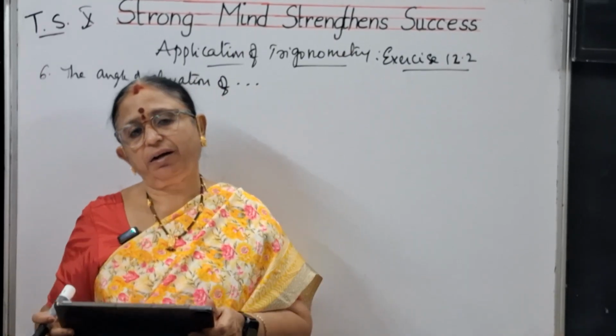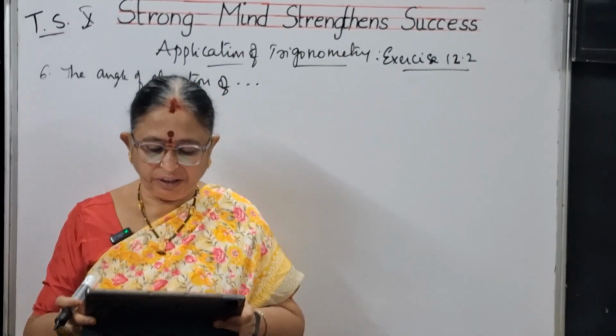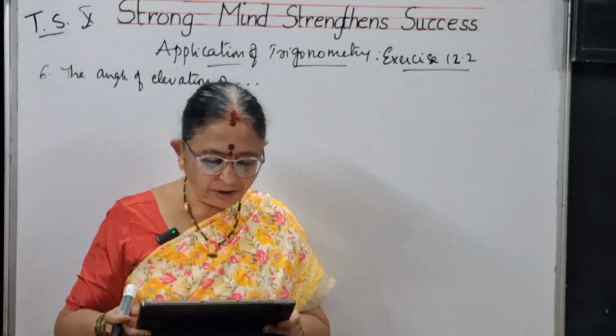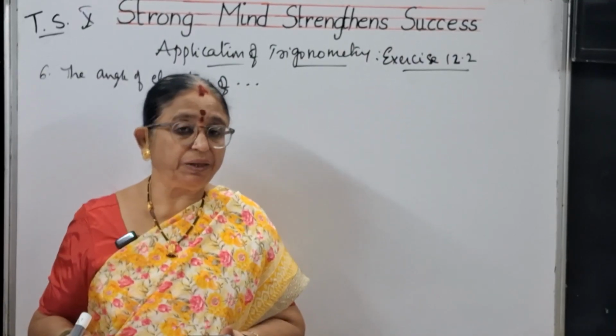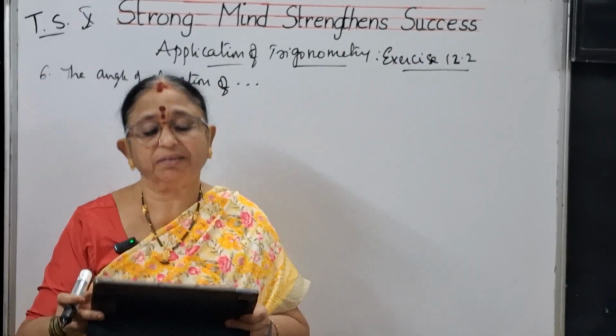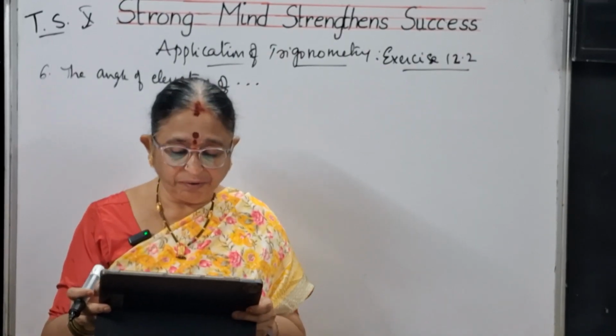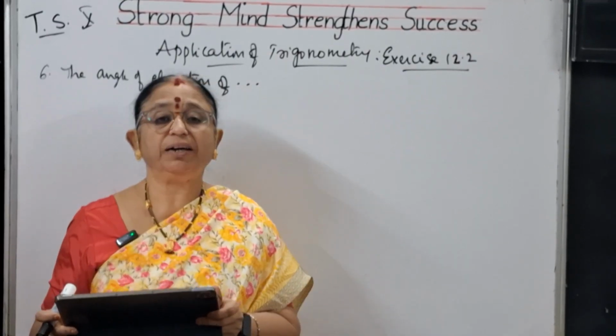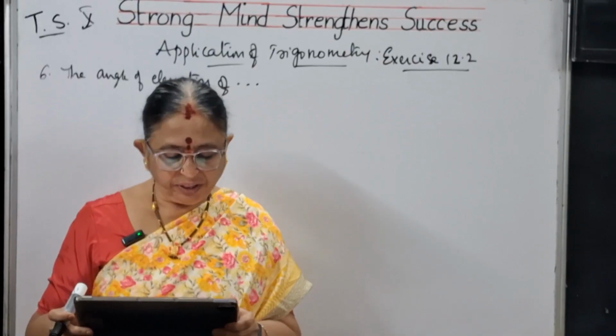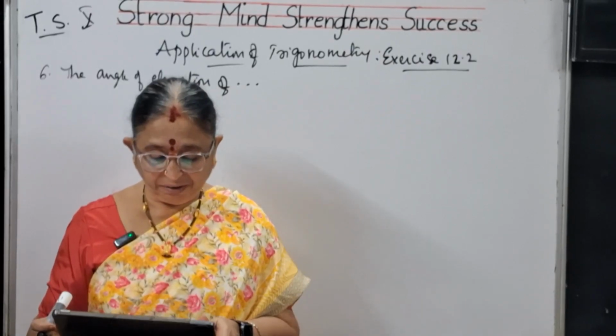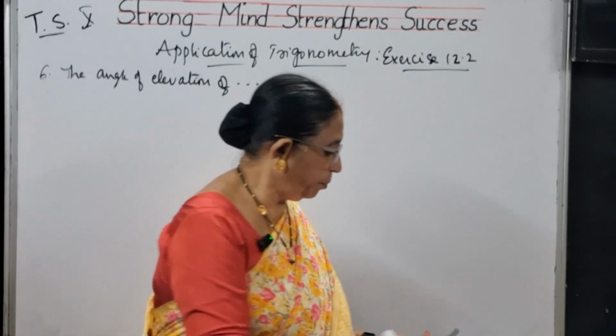A tower and a building are standing opposite to each other. So from the foot of the tower, the angle of elevation of the building is 30 degrees, and the angle of elevation of the top of the tower from the foot of the building is 60 degrees. If the tower height is 30 meters, find the height of the building.